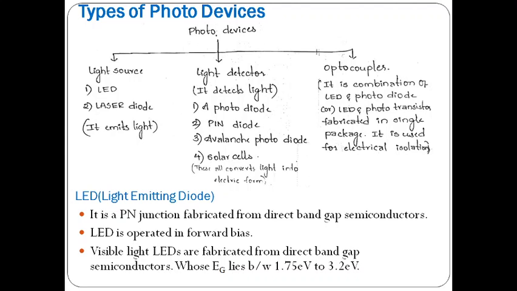In indirect band gap semiconductors, the free electron present in the conduction band is not directly recombined with the hole present in the valency band. In indirect semiconductors, the recombination takes place in a two-step process.